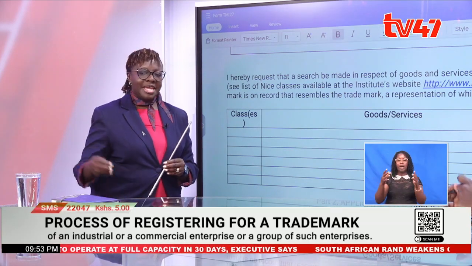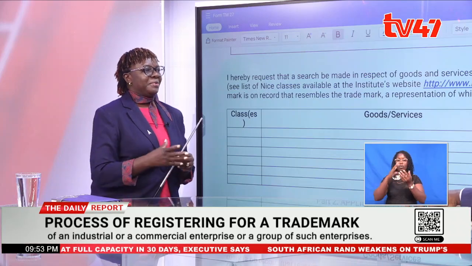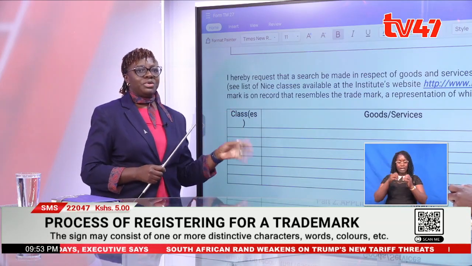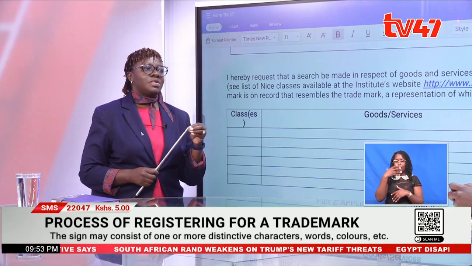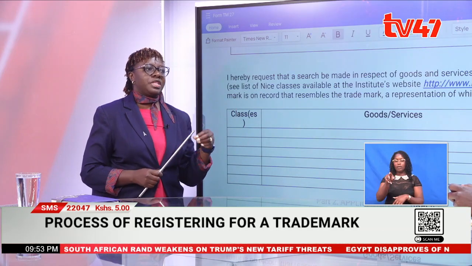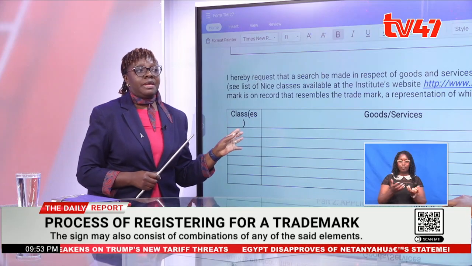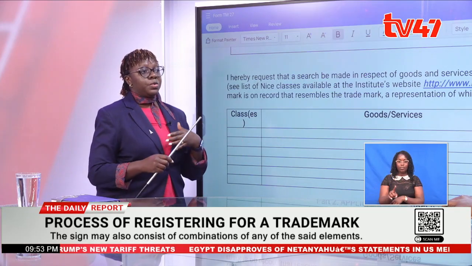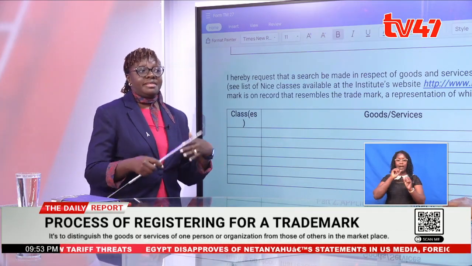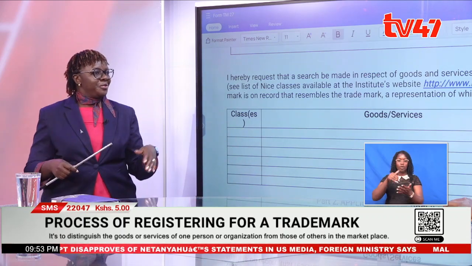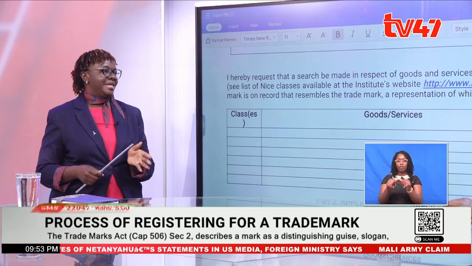So that we enable creatives, people who are inventing, to know that if I come up with a beautiful brand, no one else is able to use it. For trademarks, it can be registered in perpetuity, meaning I am able to renew it every 10 years. We have very old trademarks in our register that continue to bloom till today.